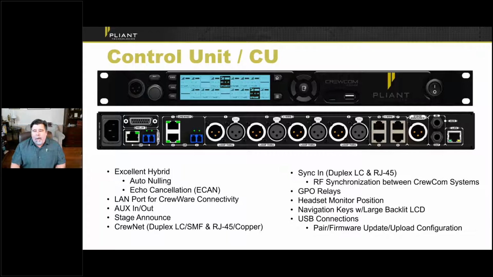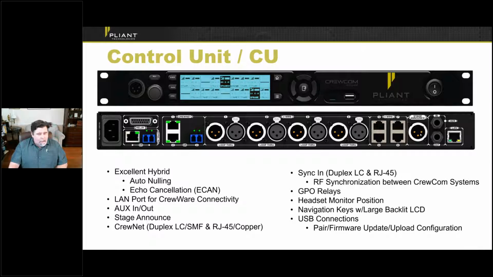The LAN connection all the way over to the right is your connection for using our free software called CrewWare. You can download that on our website right now if you'd like to. Next to that, you have your auxiliary in and out, which are 1/4-inch TRS, TS, balanced or unbalanced audio inputs that can be assigned to any of the conferences within the system. Then a stage mic output, which is a microphone output for use with many different applications.